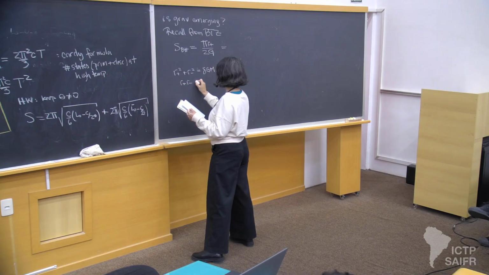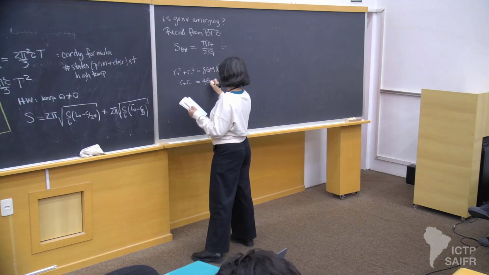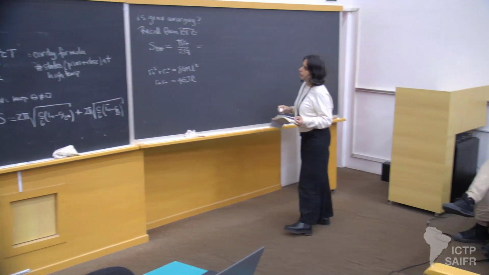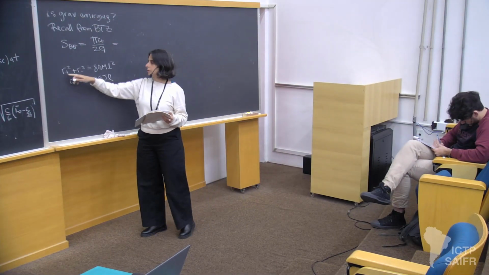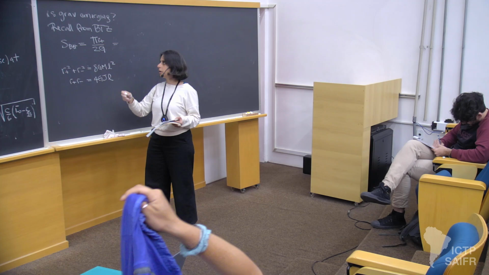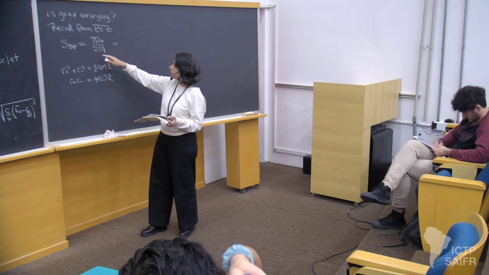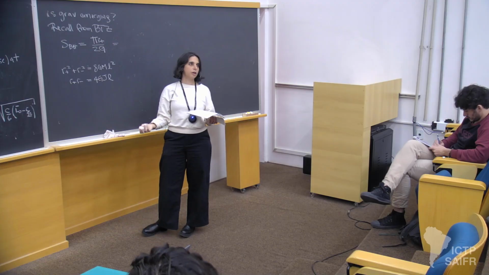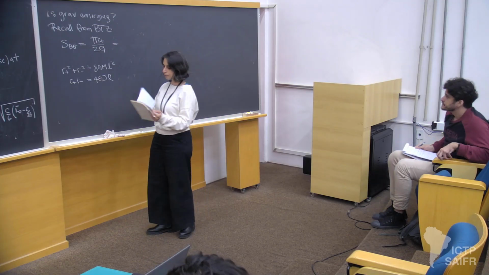And then r plus times r minus was 4GJ times L. Okay? So you can basically solve from these two equations what r plus is. So let me write this down. Instead of as a function of r plus, I want to write it as a function of mass and angular momentum.